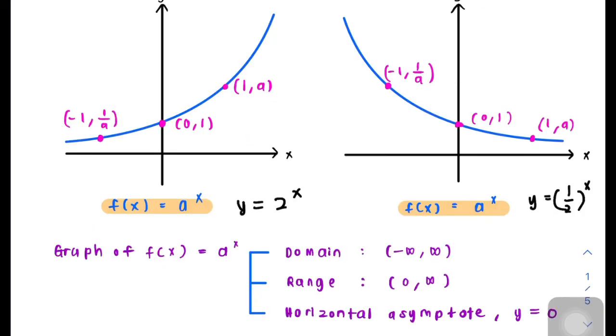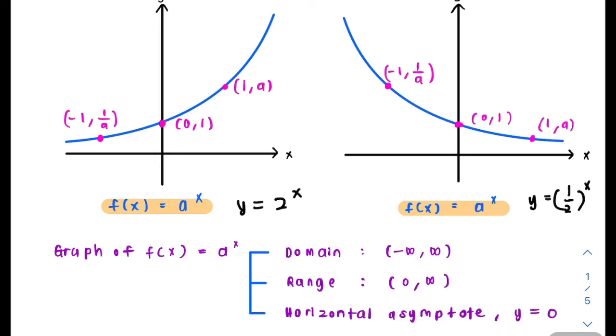Okay, the criteria of the function: the domain or the x values is all real numbers, or negative infinity up until infinity, meaning that you have the graph along the x-axis. This one also the same. Along the x-axis, you have all the graph. And then the range is the y value.